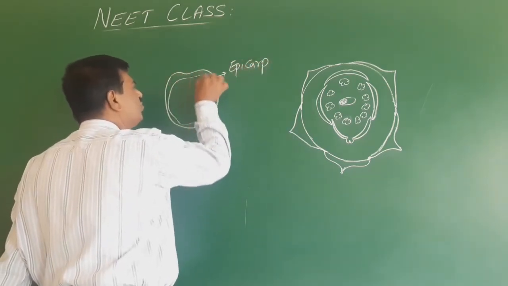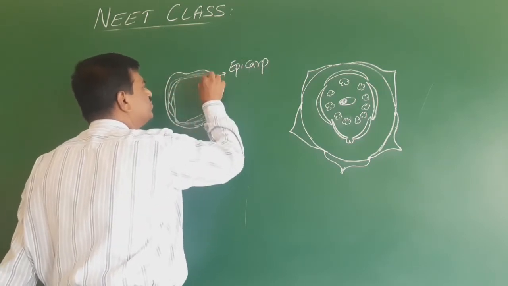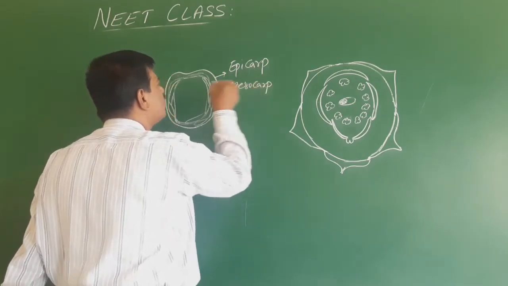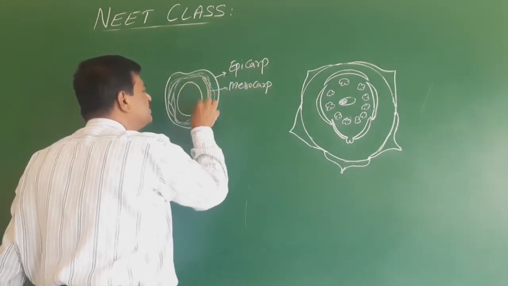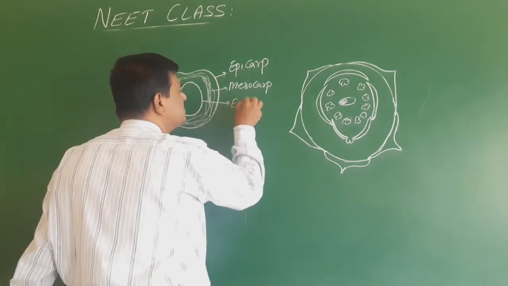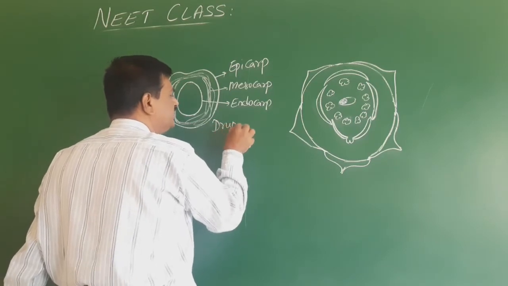The second one is a fur-like structure, coir, and this is called mesocarp. And the inner one, there is a hard shell, and this is called endocarp. So this is the coconut drupe.